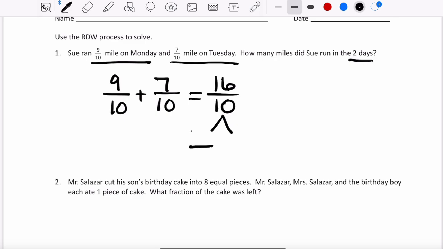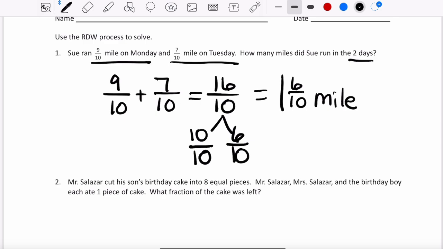How many times does 10 go into 16? Well, I can make 10/10, and then I would have 6/10 left over. So my mixed number would be 1 whole and 6/10. So she ran 1 whole and 6/10 miles. Don't forget to label your answer when you are done.